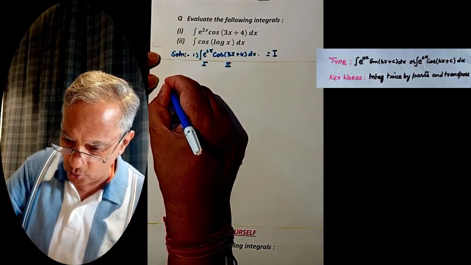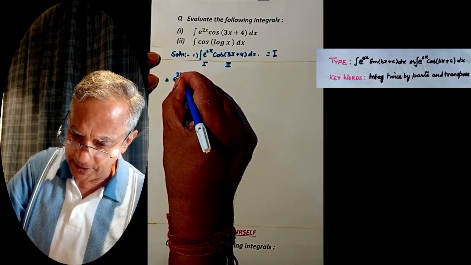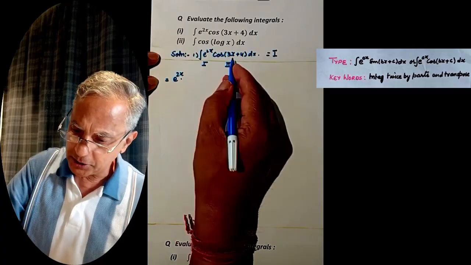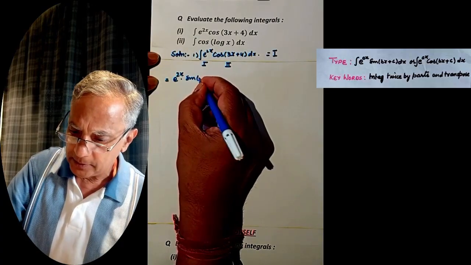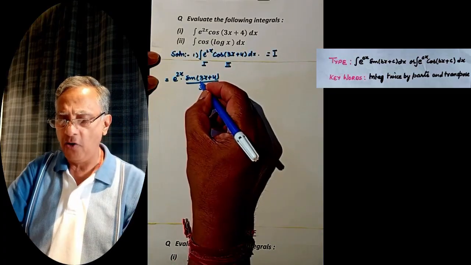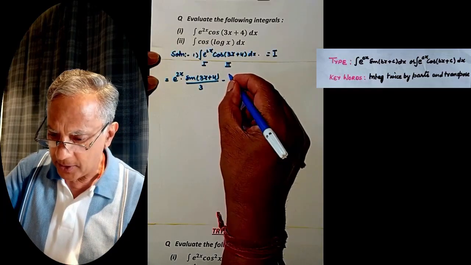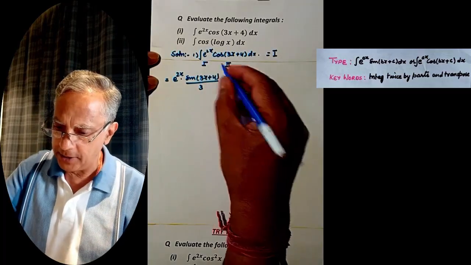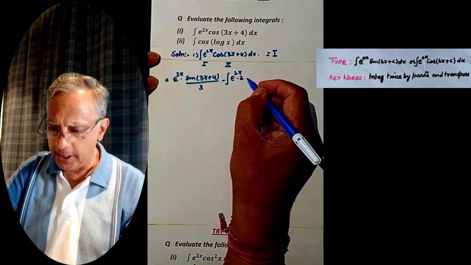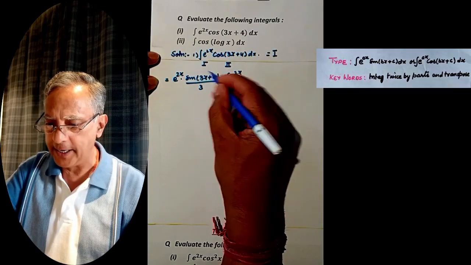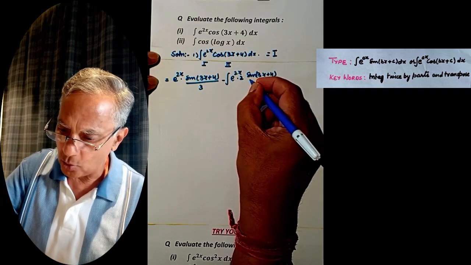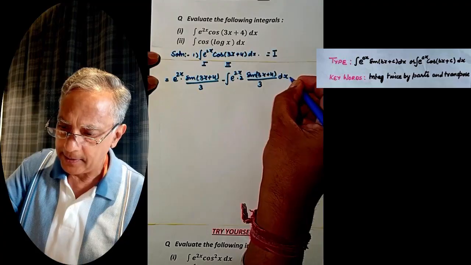So this will be equal to the first function, e to the power of 2x, into the integral of the second. The integral of cos(3x + 4) will be sin(3x + 4) divided by 3, the coefficient of x, minus the integral of the differentiation of first. The differentiation of e to the power of 2x is e to the power of 2x into 2, into the integral of the second, which is sin(3x + 4) divided by 3, dx.